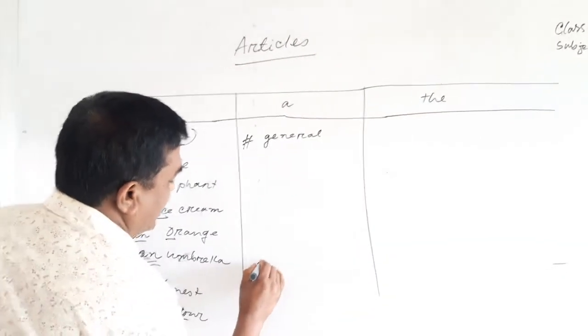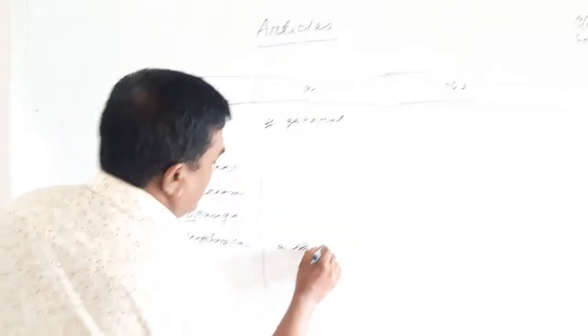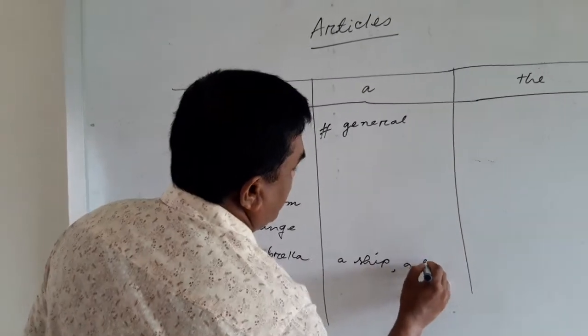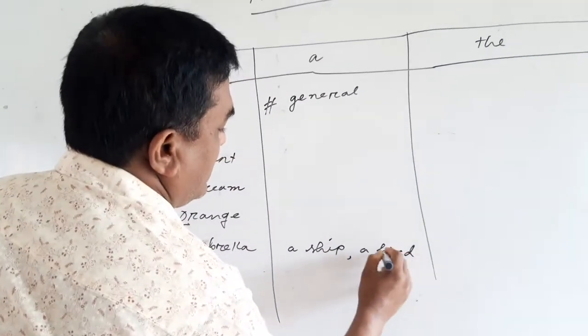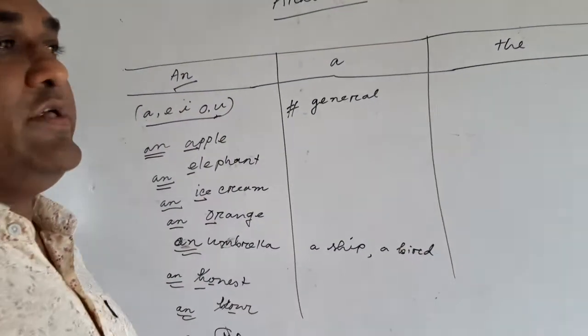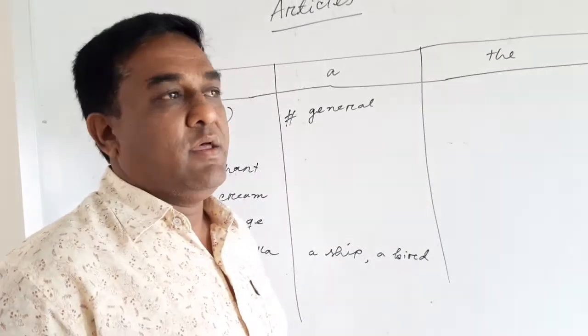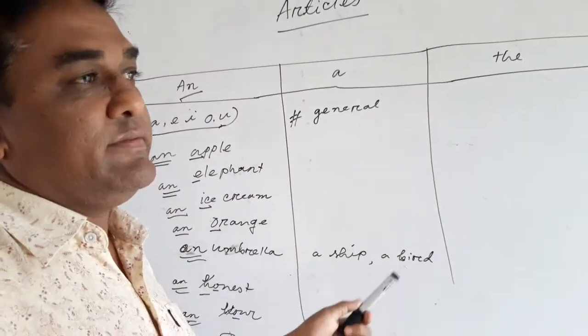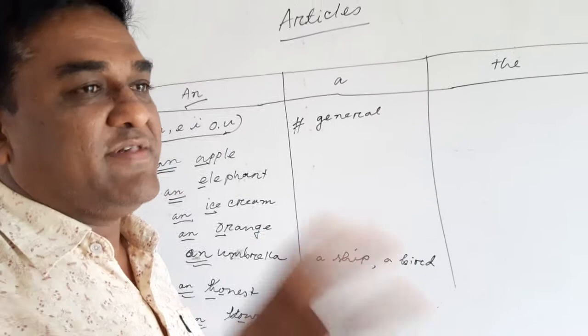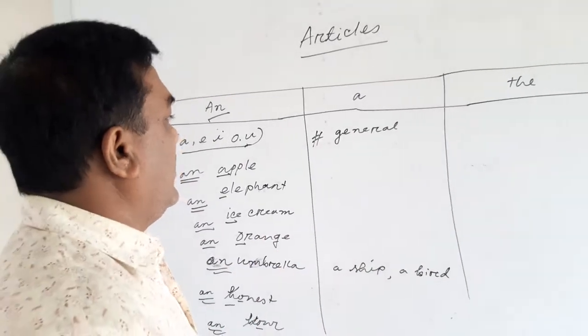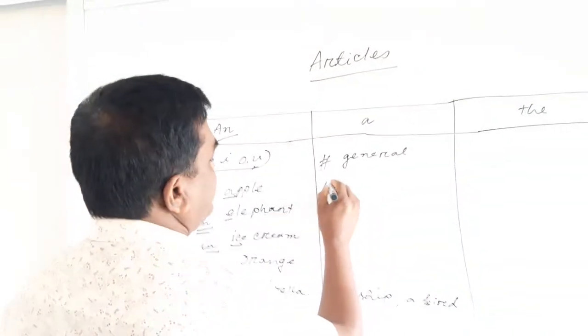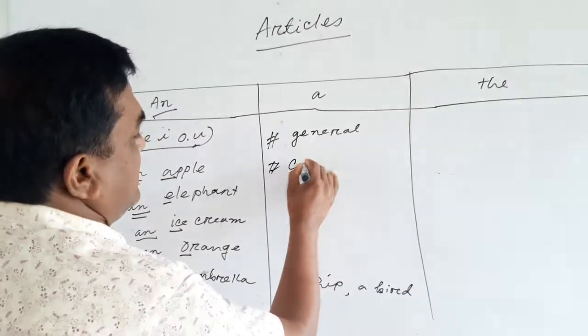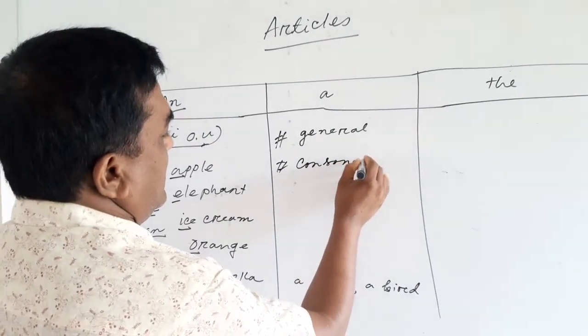Suppose a sheep, a bird. I saw a sheep. Here, this sheep is in general, not a specific sheep. Then, consonant.